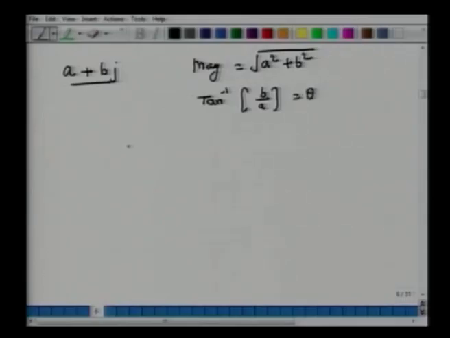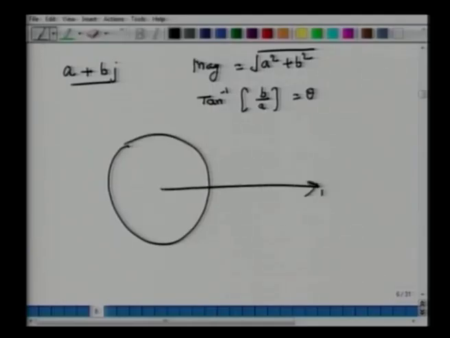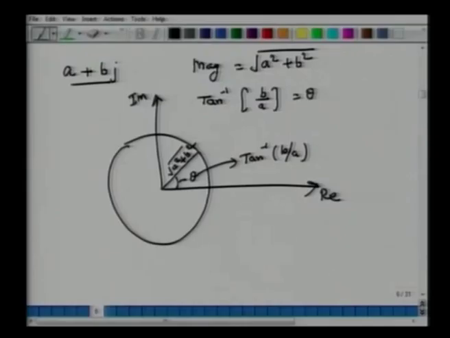Using such an approach, again I construct a circle. This is my real axis, imaginary axis, that's my radius, and the magnitude is square root of a square plus b square, and that's the value of theta, which is tan inverse b over a, and this is in radians.